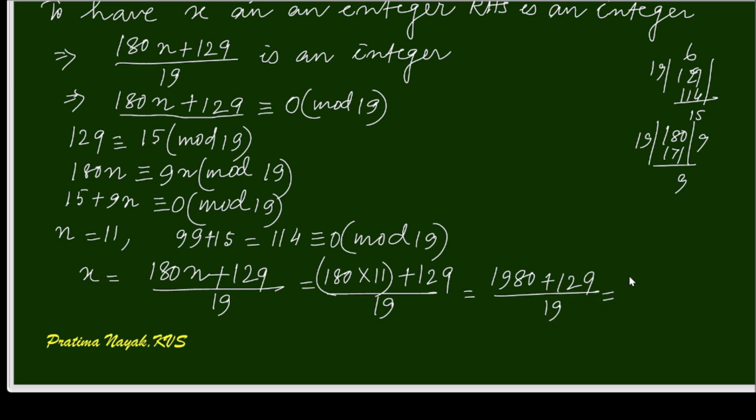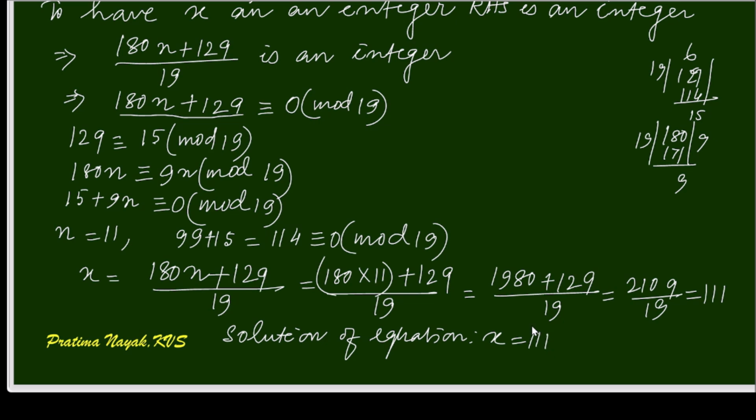That will be equal to 2109 divided by 19. The value is 111. So the value of x is 111, the solution of the equation, x equals 111. Thank you for watching.